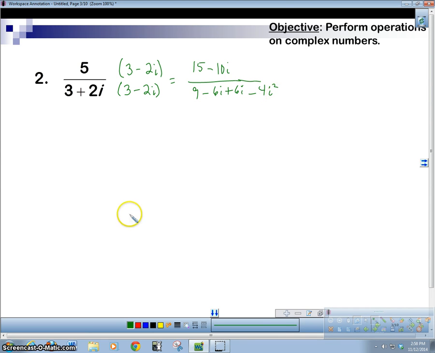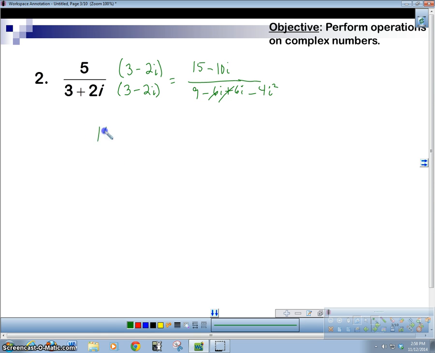So watch what happens. These middle terms here, they cancel out, right? So we could have saved ourselves a lot of time, and we could have just taken the 3 multiplied by the 3, and then the 2i and the 2i, and multiplied those together and not have to worry about those middle ones. So that works if we're using the complex conjugate.